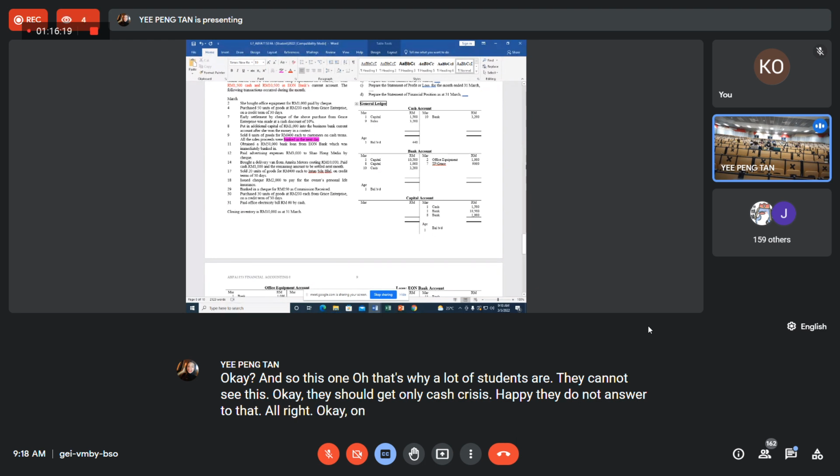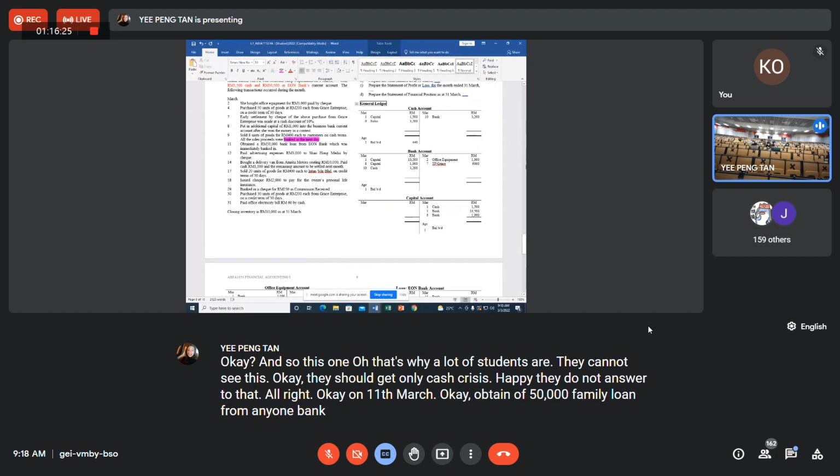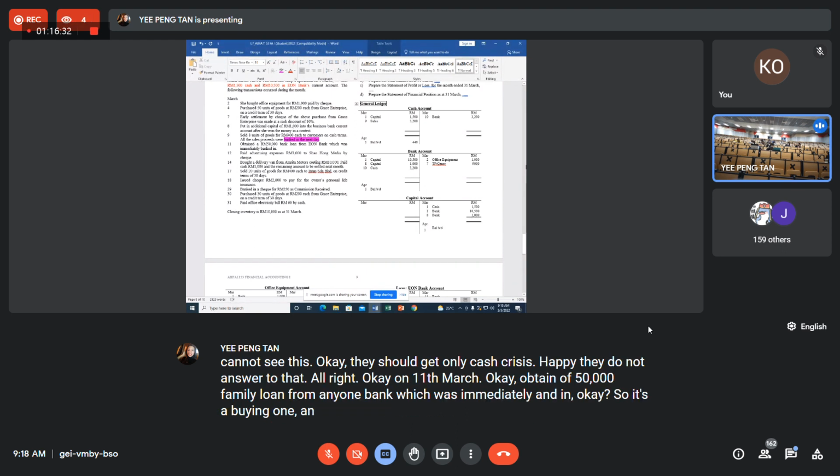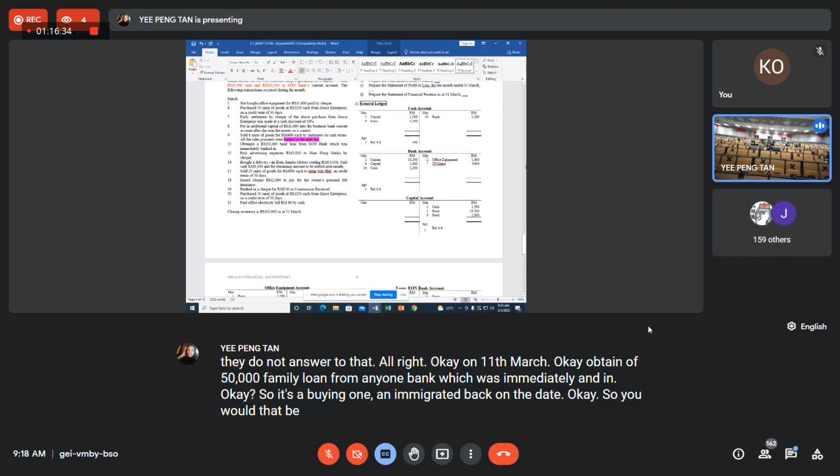On 11 March, obtain a 50,000 bank loan from Aeon Bank, which was immediately banked in. So it's a bank loan and immediately banked on the day. You will debit your bank and credit your bank loan.